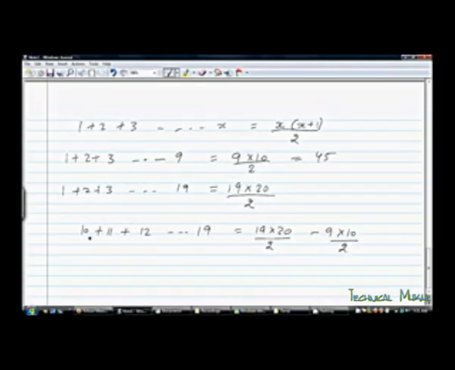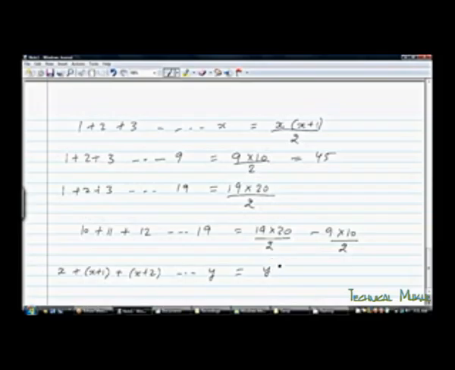So this can also become a general formula. For example, if I have x plus 1, plus x plus 2, and it goes to y, then all I have to do is first add numbers from 1 to y.